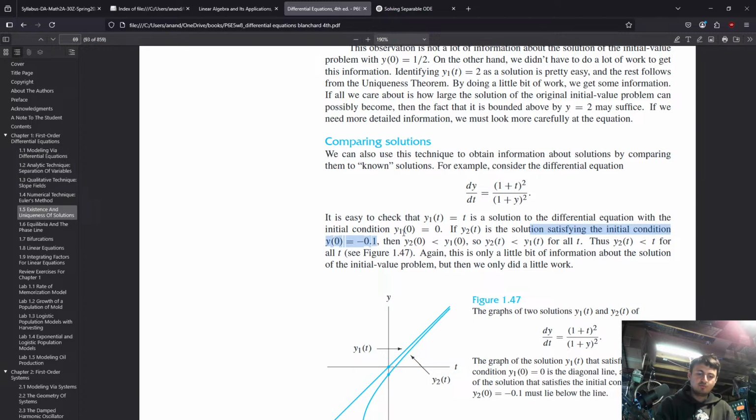So if we're given y1 of t equal to t is a solution, and it's easy to check, then if given another solution, we have a bound. But we also need to check that this with respect to y is continuous at 0.